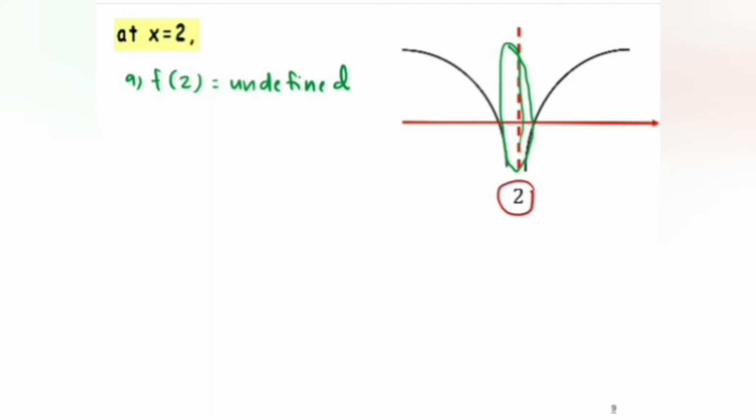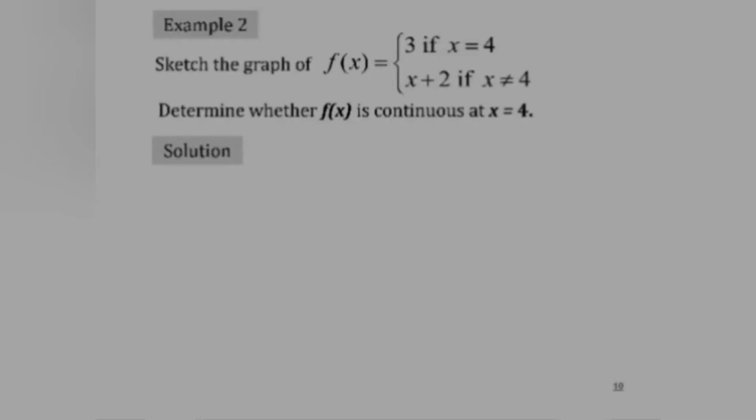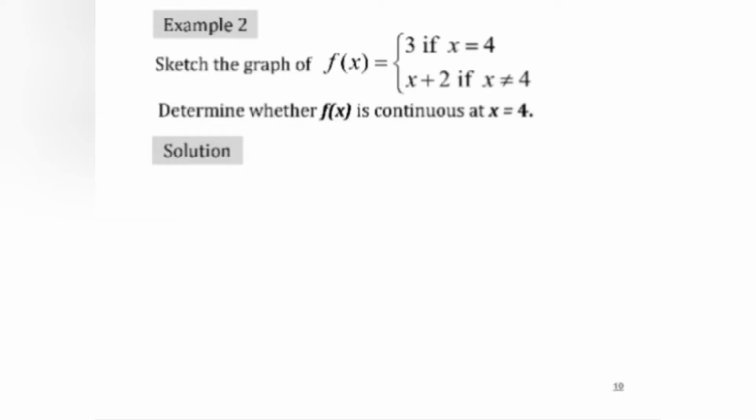Since the first condition is not satisfied, we can conclude that f(x) is not continuous at x equals 2.